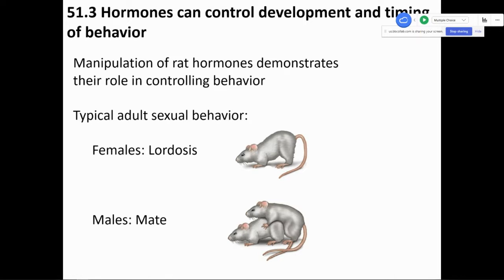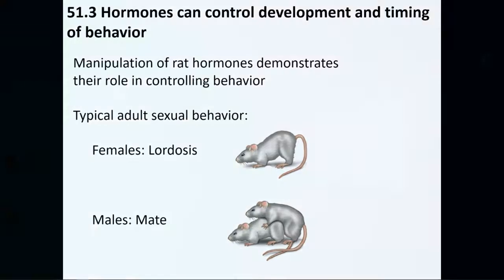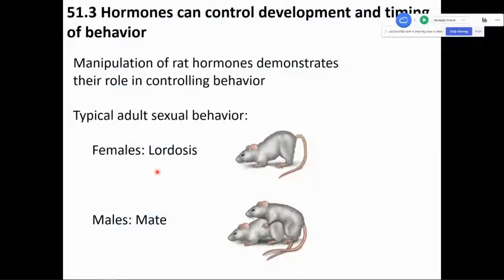And so this was an example in rats. As part of their sexual behavior, the females have this display called lordosis, where they're receptive to mating, and the males, when they want to reproduce, engage in mating.